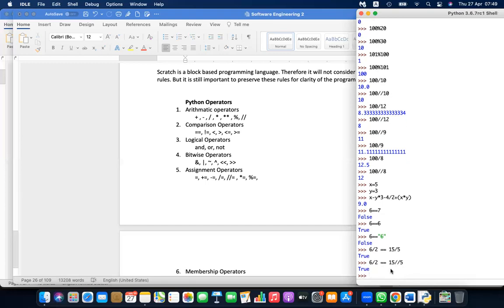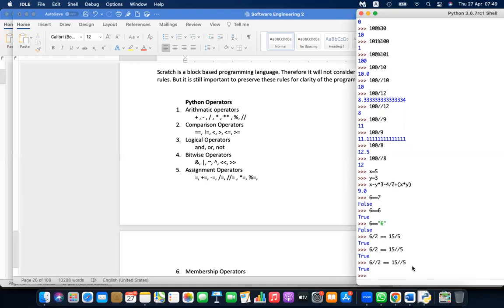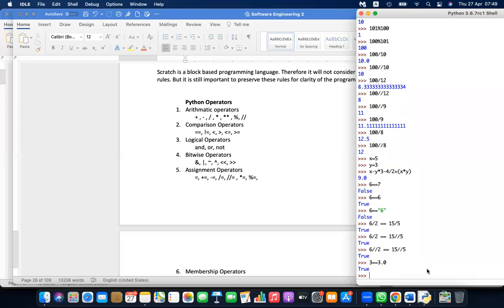Floor division, and it doesn't matter. So on one side you are getting 3 and on the other side you are getting 3.0. It says yes. So that means 3 on one side, the other side 3.0, and it says yes.